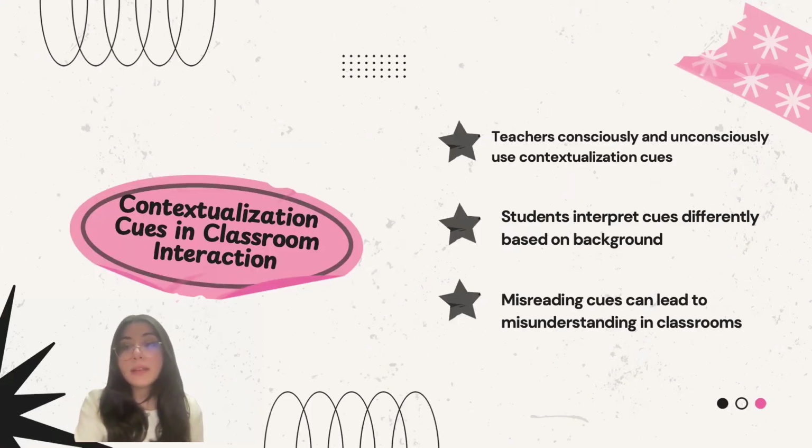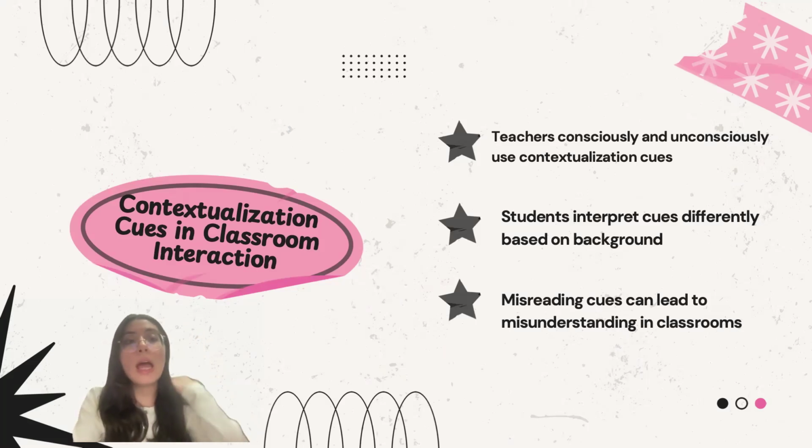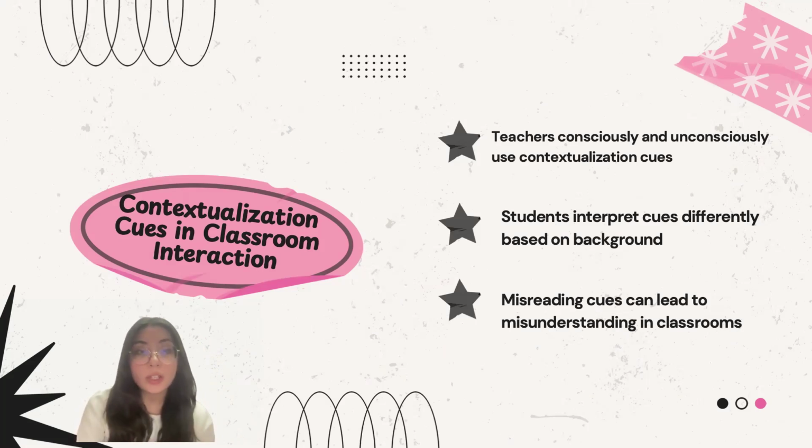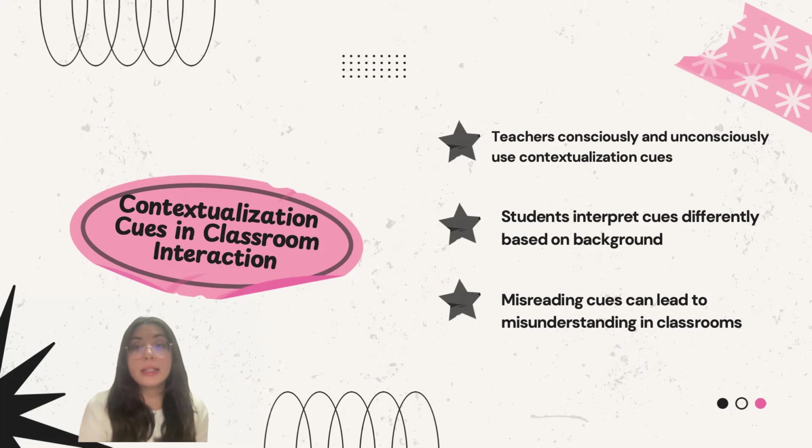Now we're going to look at contextualization cues in classroom interaction. In classroom settings, interaction depends heavily on the moment-by-moment use of contextualization cues. Especially on the first day of school, teachers often manage these cues deliberately to project a particular identity.